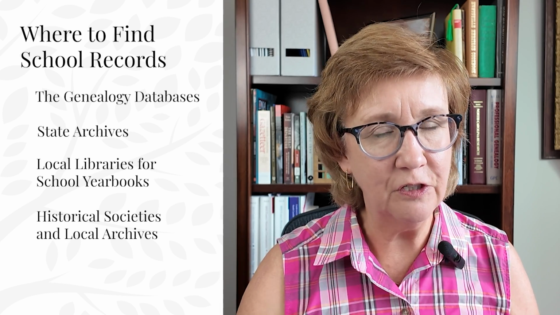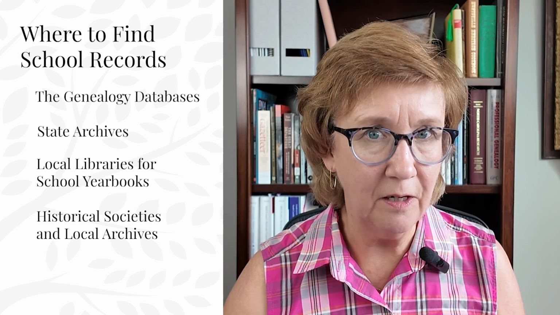If you're looking at university school type of records, so yearbooks and newspapers from a university, then I would check with that university library as well. And of course, do not overlook reaching out to the historical societies and the local archives at that county level where your ancestors lived. So let's add school records to our genealogy toolbox, because they can be a game changer when it comes to breaking through that genealogy brick wall, when it comes to finding that hard to find ancestor that we just can't quite figure the story out on.